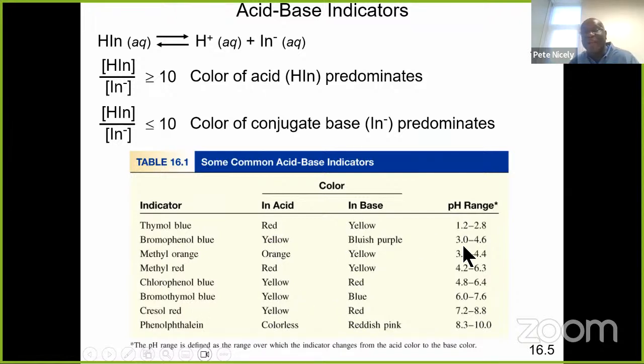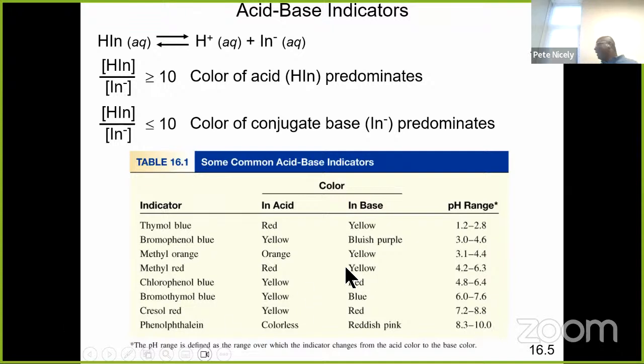And to the extreme right, you see the pH range within which the color change will occur. That's very important because in order for the indicator to indicate the equivalence point in an acid-base titration, the pH at the equivalence point should fall within the color change pH range indicated for each of these indicators.